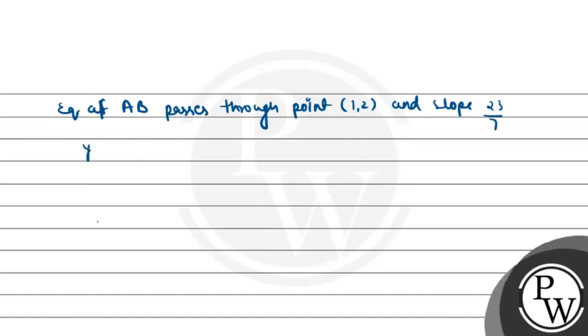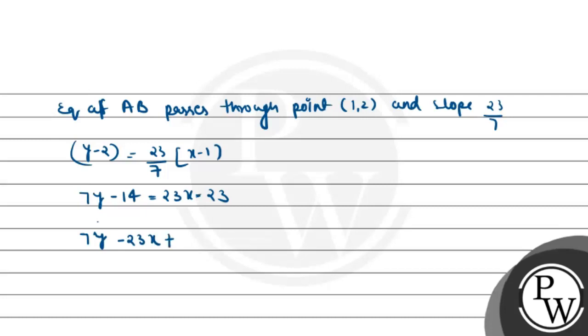So our equation will be y minus 2 is equal to 23/7 into (x minus 1). So that will be 7y minus 14 is equal to 23x minus 23. After solving this we have 23x minus 7y minus 9 is equal to 0, and that is your first line equation.